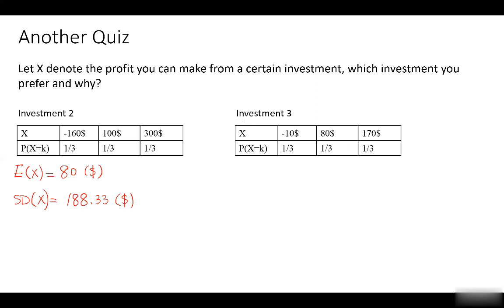And suppose we have another investment option, which is investment 3, with X being -10, 80, and 170. Corresponding probabilities are 1/3, 1/3, and 1/3. So if you compare these two options, which one do you prefer? Okay, I'll give you 5 minutes to think about this.